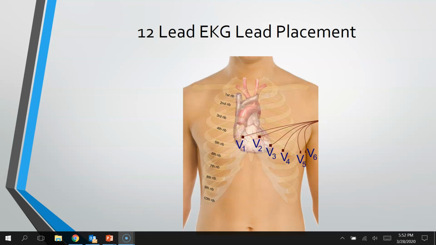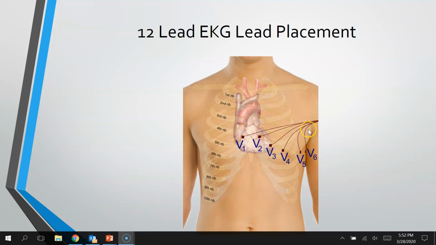We need it in between the intercostal space. V2 goes directly across it on the left side of the patient. V3 is going to jump down to just above between the 5th and 6th intercostal space. V4 is going to be mid-axillary between the 5th and 6th intercostal space.